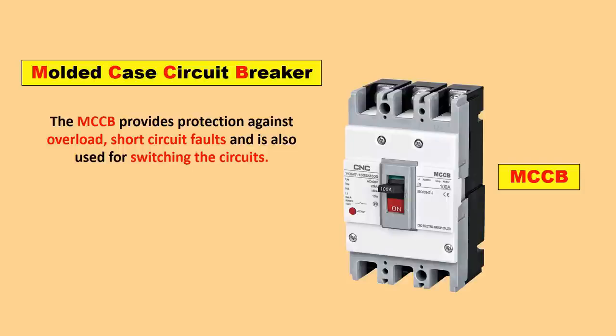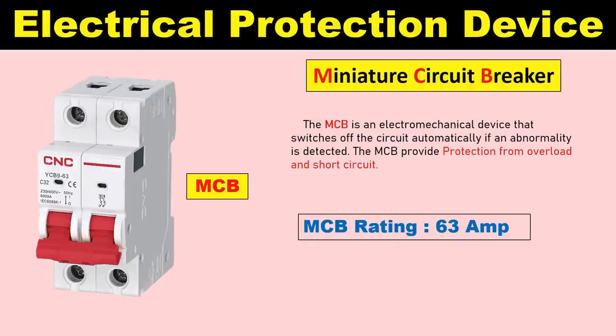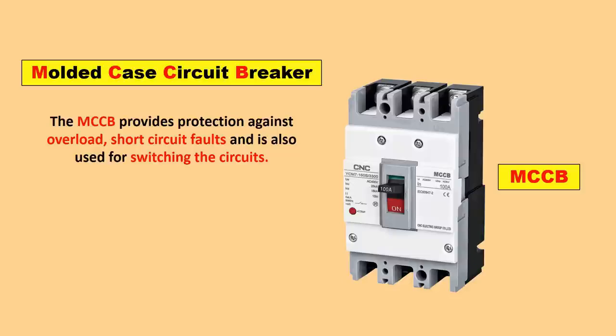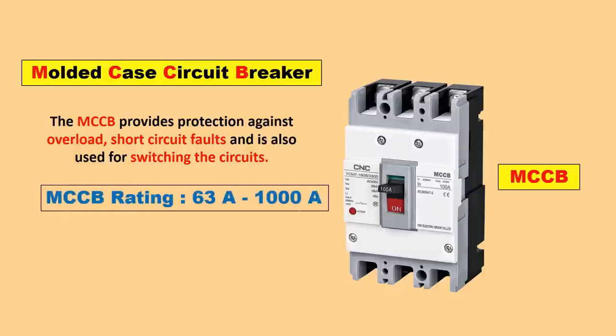MCCB also provides protection from overload and short circuit. It means you can say that the protection provided by a MCB can also be provided by a MCCB. You can find a MCCB of even 1000 ampere rating in the market, but if you go now to buy a MCCB, then you will find a MCCB of higher rating also. Because right now there are lots of companies which are manufacturing MCCB of more than 1000 ampere.